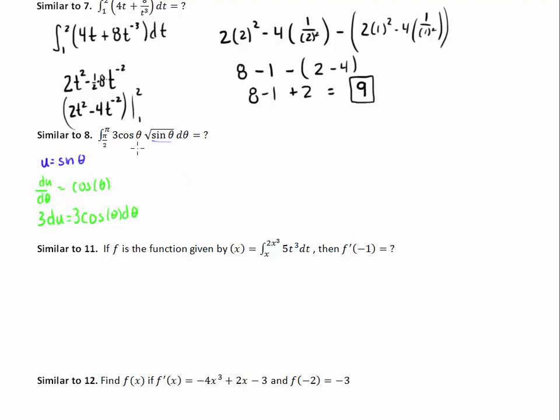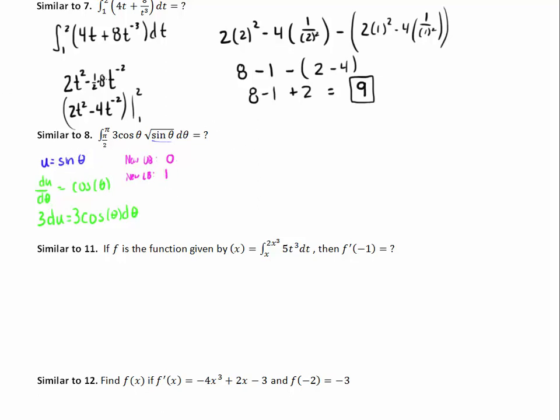So what we can do now, oh, and then I need my bounds, right? This is a definite integral, so I do need to change my bounds. My new upper bound, plugging in pi, sine of pi is 0. And my new lower bound, pi halves, sine of pi halves is 1.